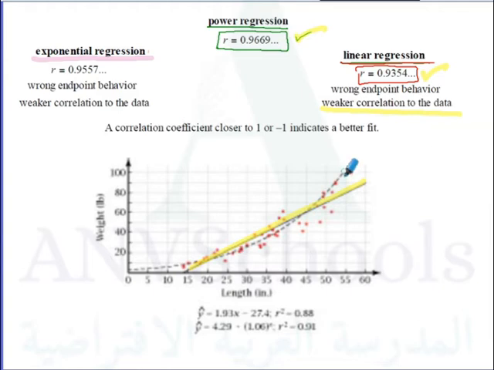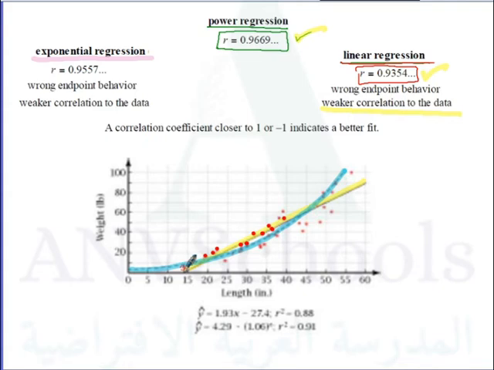This is the line for the exponential curve. Look at your points. Some of the points are not even covered. Some of them are far away from the curve, and we also have a wrong endpoint behavior.